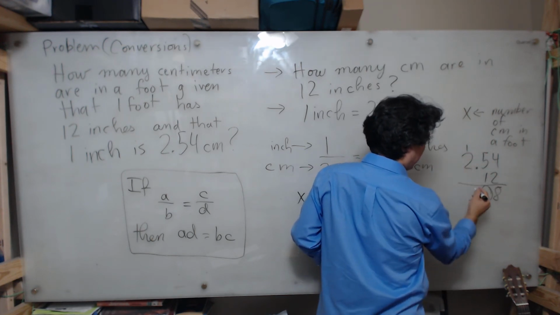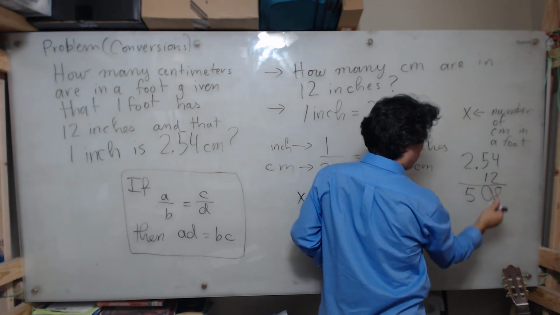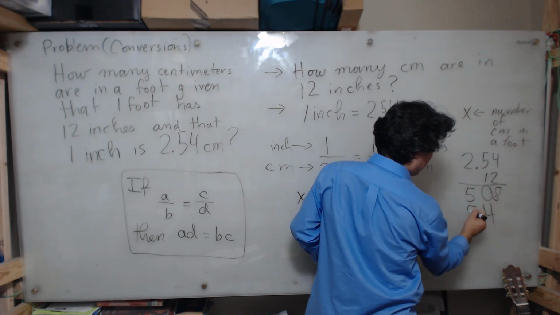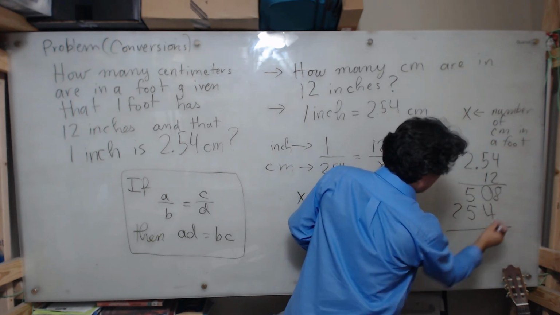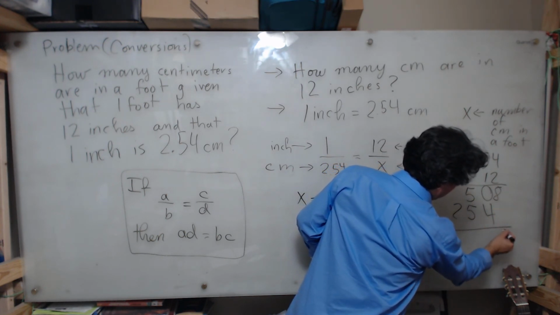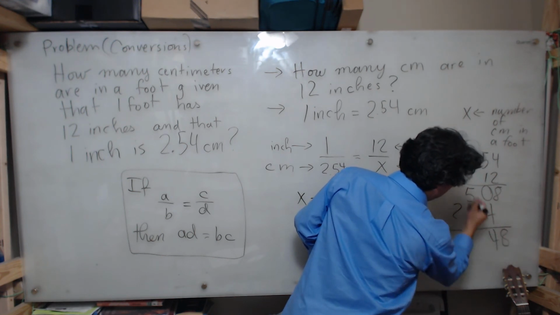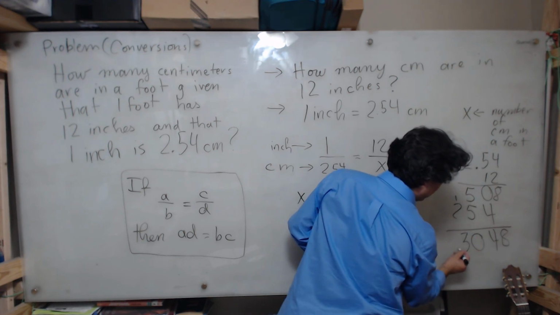I add 1, I get 5. Now, 1 times 4 is 4. 1 times 5 is 5. 1 times 2 is 2. I add 8 plus 0 is 8. 0 plus 4 is 4. 5 plus 5 is 10. 0, carry the 1. And then 1 plus 2 is 3.